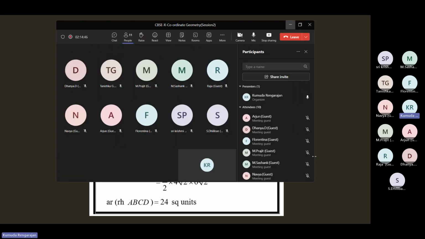Okay, so today's class was very quiet. So I must thank Prajit, Sashank, Danya, Rakshita also earlier, and Navya was not so active as usual today. The others did not participate. Dileepan, never. Krishmi, you have to fix your mic issues.